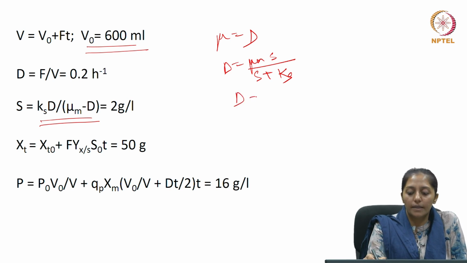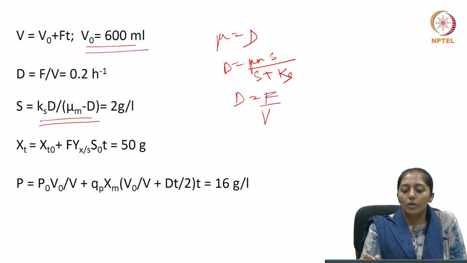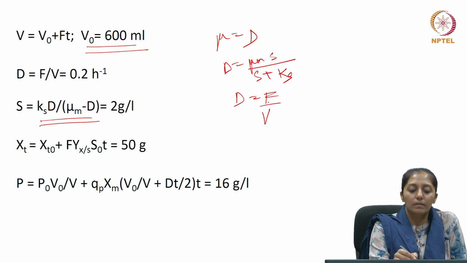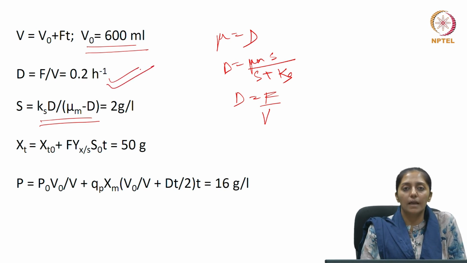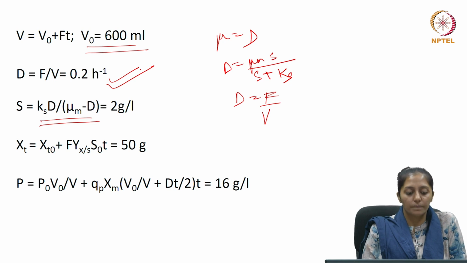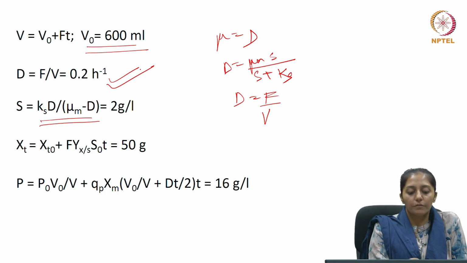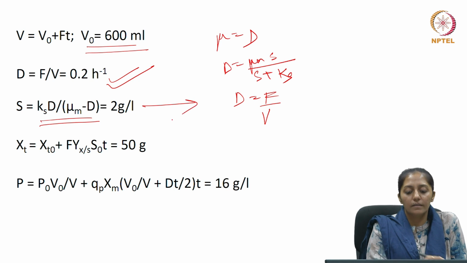The dilution rate is F by V. So, volume at t equals 2 hours is 1000 ml, F is 200. Then we can find the dilution rate at 2 hours. If you substitute, you get the substrate concentration after 2 hours of the quasi steady state.